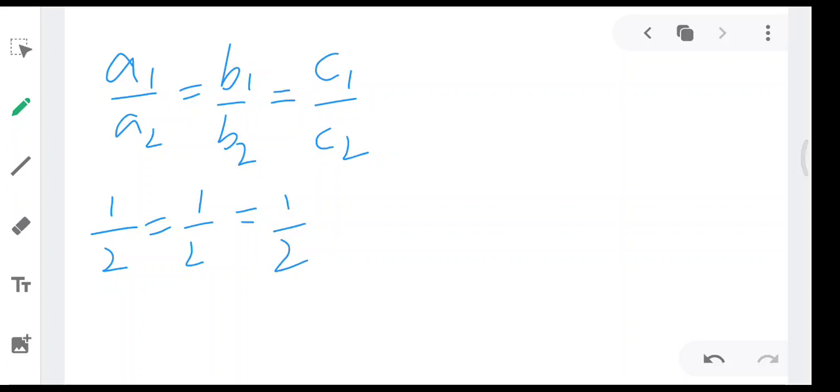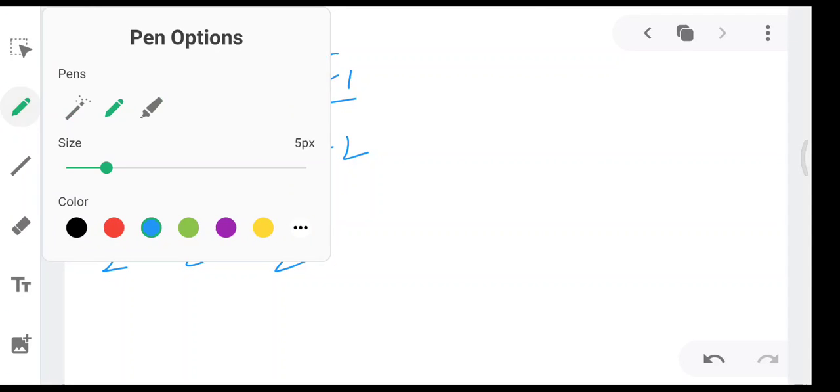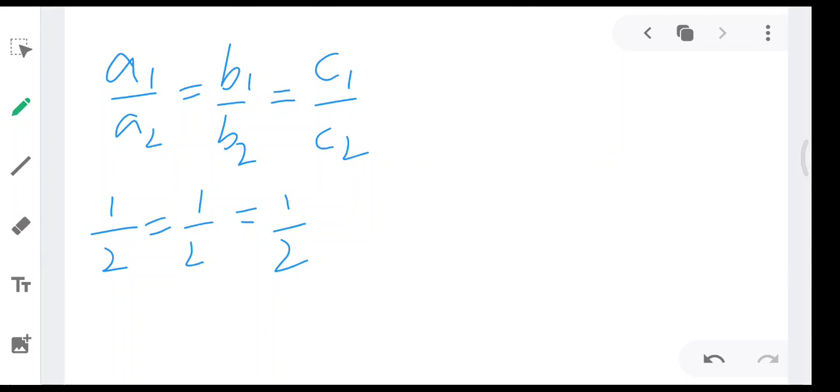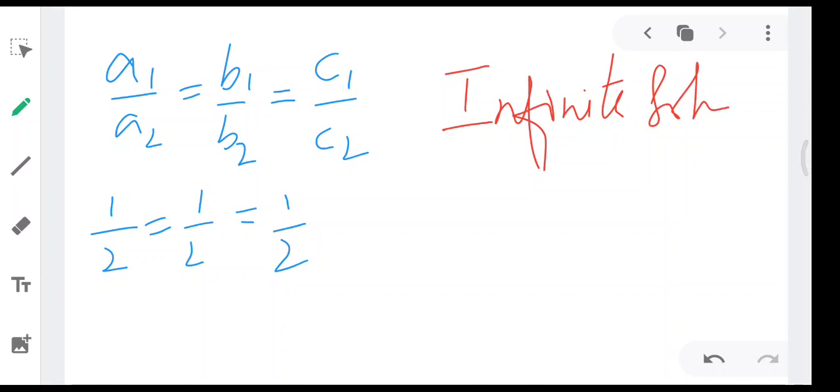So in this case we say that they have infinite solutions. Why infinite solutions? Already I sent a video on that. Both equations are nothing but the same.